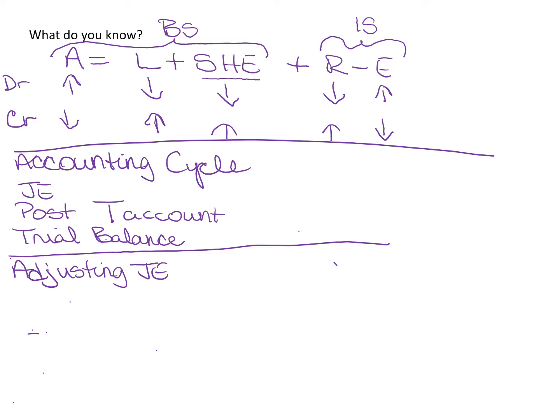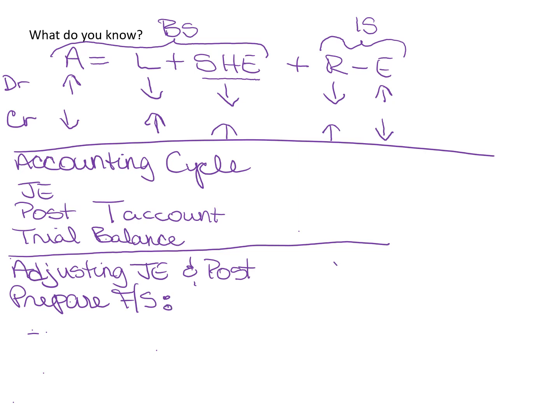Or have I discharged some of those responsibilities or earned some of those responsibilities? So we make adjusting journal entries to kind of clean up our books. And we also post those adjusting journal entries to the ledger. So now everything is in its proper place, so we can prepare our financial statements.